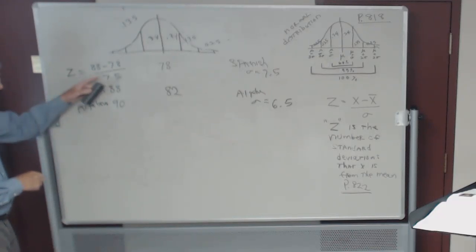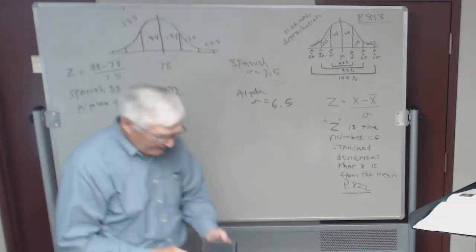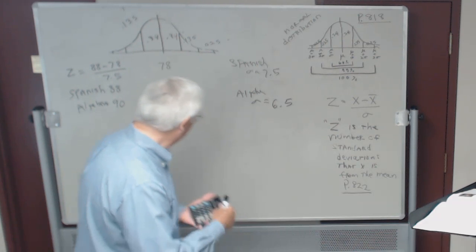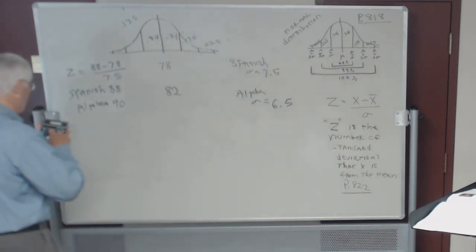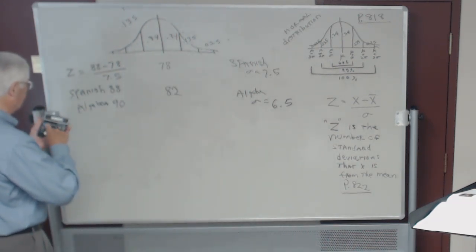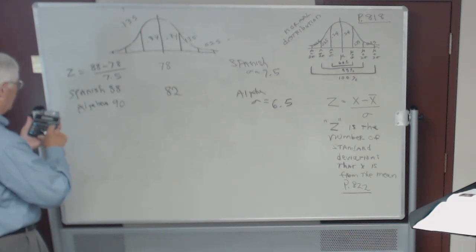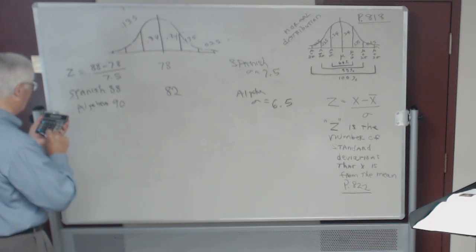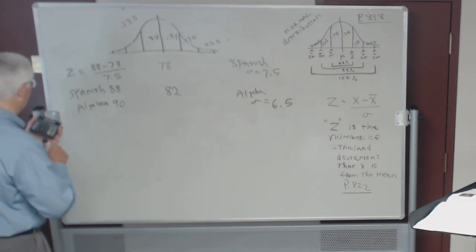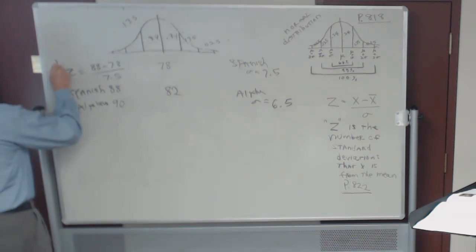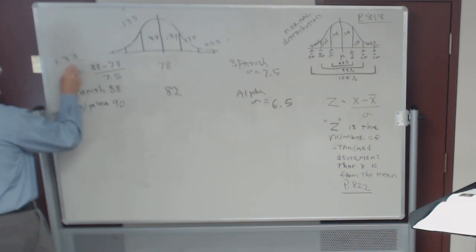Calculate that. 88 minus 78 divided by 7.5 equals 1.33.